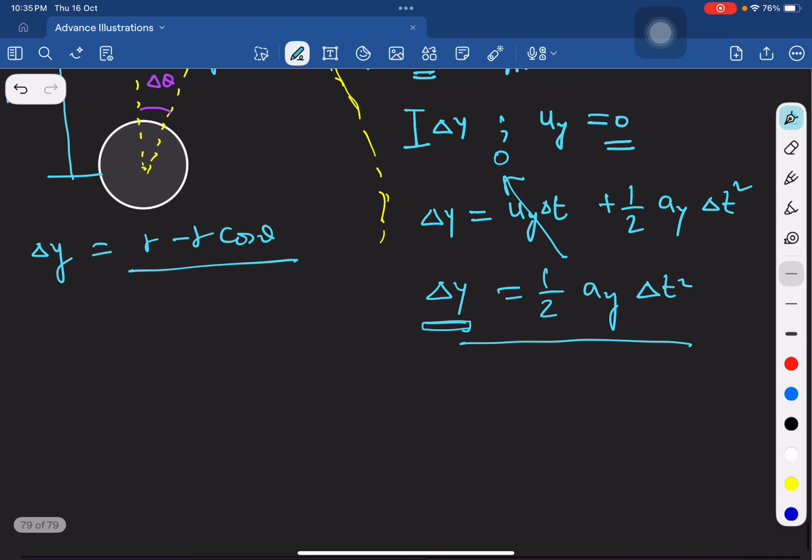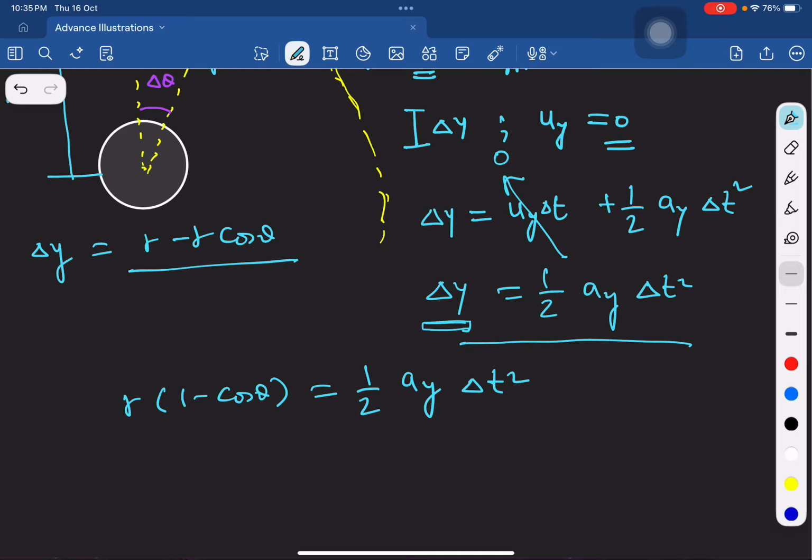So let me put that thing geometrically. Delta y I am replacing with r into 1 minus cos theta, and that is equal to half ay into delta t square. Half ay delta t square. Now let me put this theta guys.